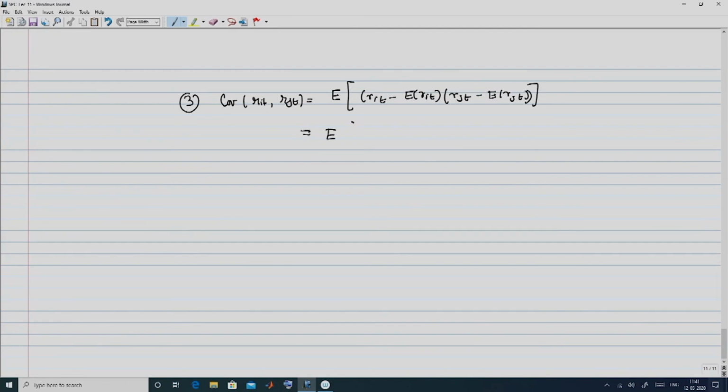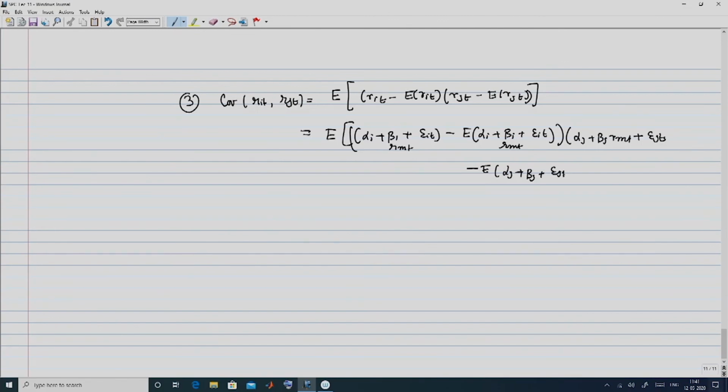This can be written as E of alpha_i plus beta_i R_mt plus epsilon_it minus the expected value of alpha_i plus beta_i R_mt plus epsilon_it, and this term multiplied by alpha_j plus beta_j R_mt plus epsilon_jt minus the expected value of alpha_j plus beta_j R_mt plus epsilon_jt.